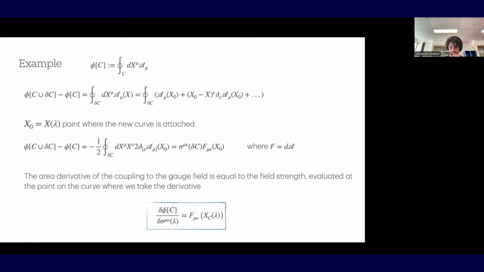The contour is now delta C because the difference in C cancels. And we will expand this at the point where we attach the curve. That's the first order. I guess you have other corrections, and this is what I mean by adding other terms to sigma. But for the moment, we don't care. We just take the first order.